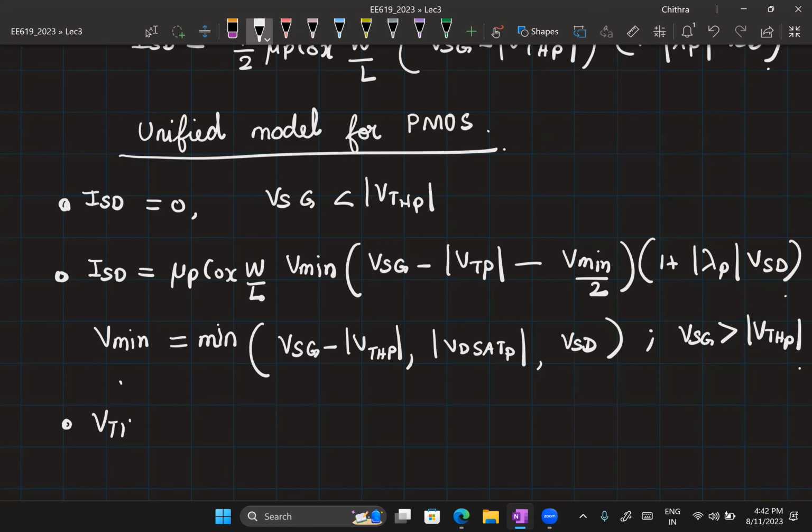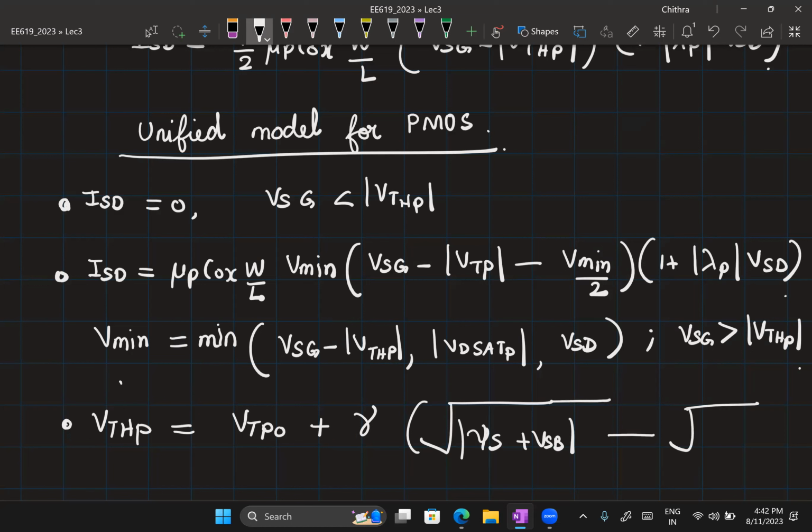And finally, the threshold voltage will change as VTP naught plus gamma into (root of psi s plus VSB minus root of absolute value of psi s).